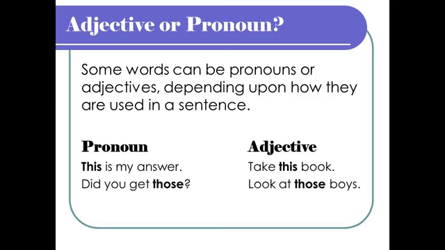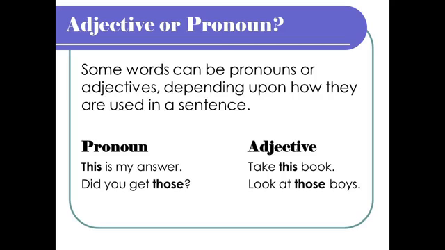Let's focus on the screen on what is written here. Some words can be pronouns or adjectives depending upon how they are used in a sentence. Pronoun: this is my answer, or did you get those? Here these and those are pronouns.